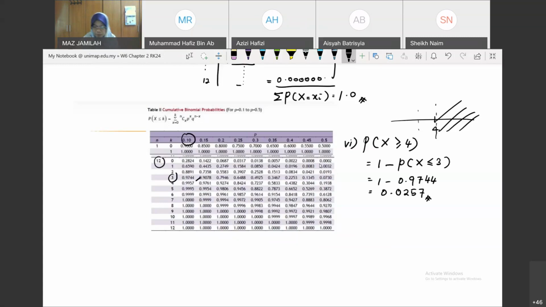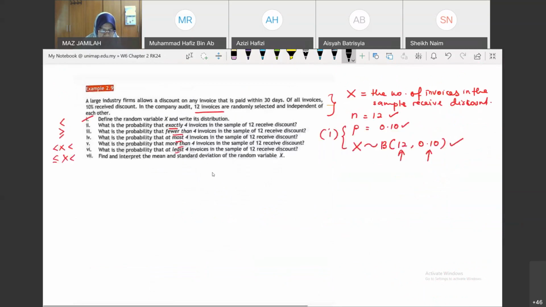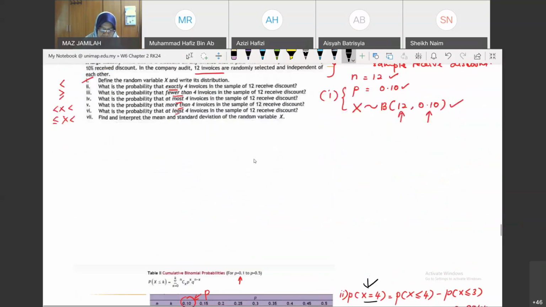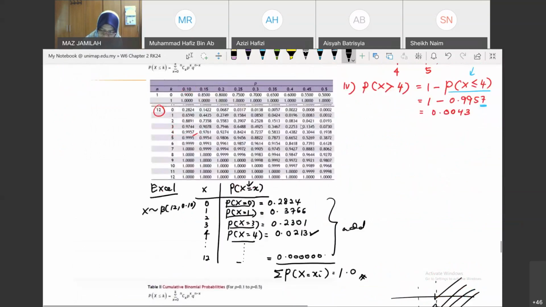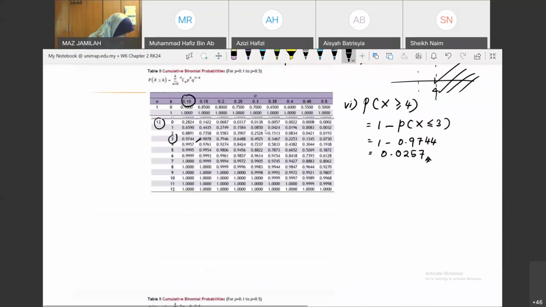And finally, the last question: find and interpret the mean and standard deviation of the random variable X. This is a common question where we measure student understanding of how to define or interpret your random variable X based on all the probability calculations that you did.